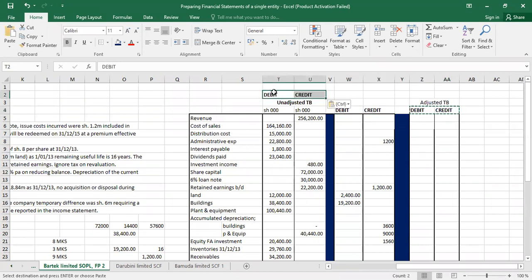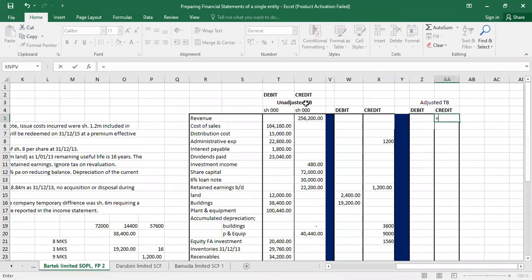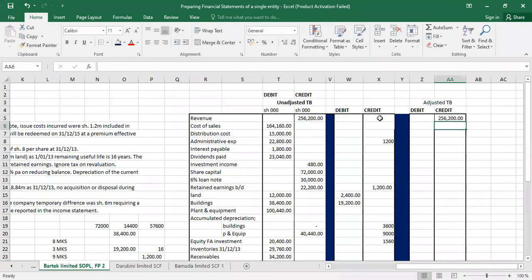So this one I'll put up here. So equal sign, isn't it? Because it's on credit here, isn't it? You can see it's on credit. So it will be the sales here, what is on credit, minus the debit adjustment plus the credit, isn't it? Plus the credit adjustment.